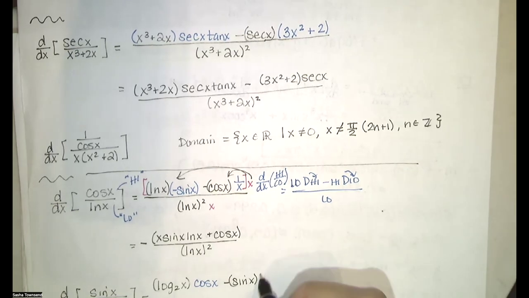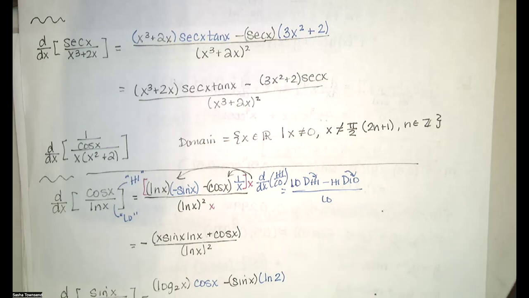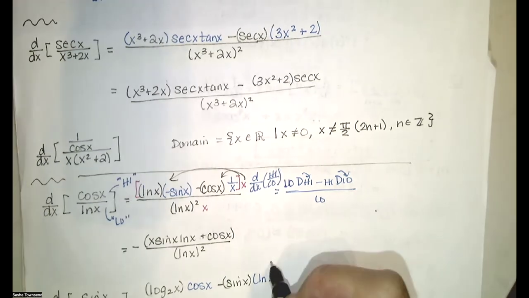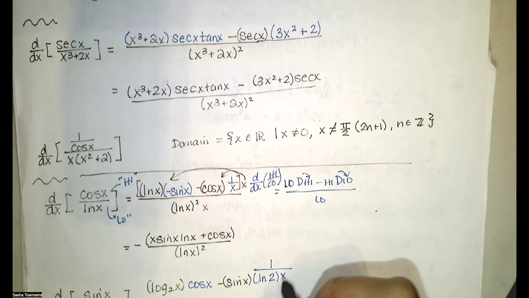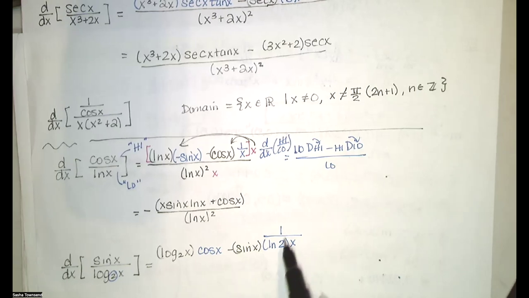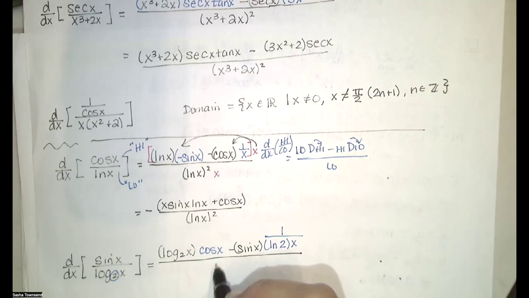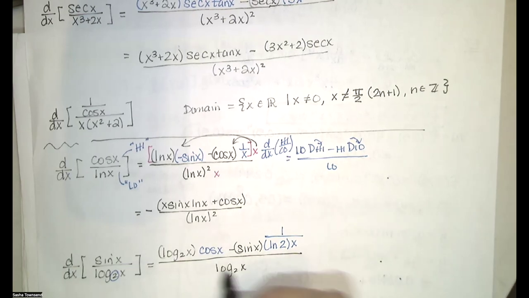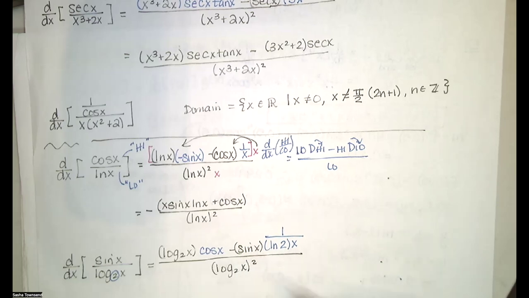Our base is a. So in this case, a is 2. So we get 1 over natural log of 2 times x. That's the derivative of log base a of x is 1 over log of a times x. And we divide all of that by that bottom function squared. This is low d high minus high d low over low low.